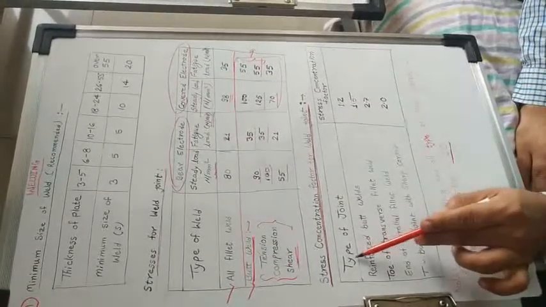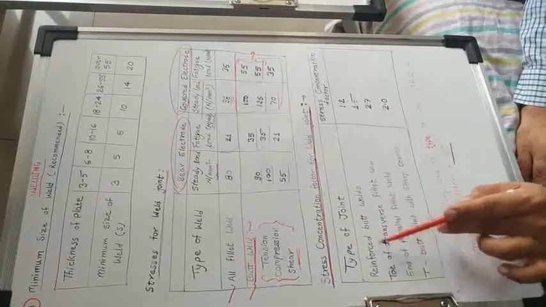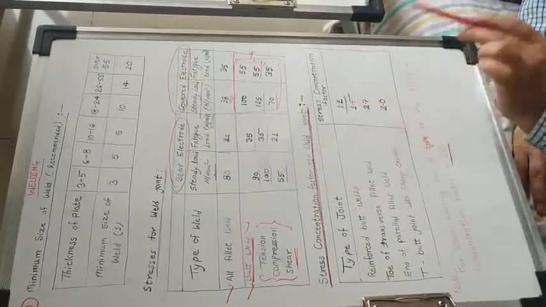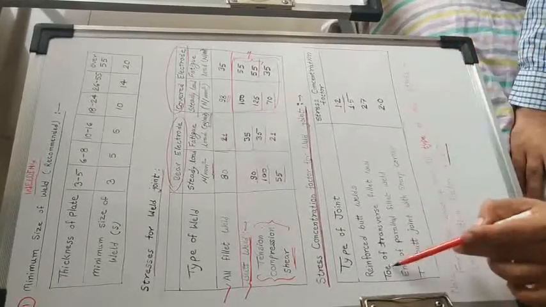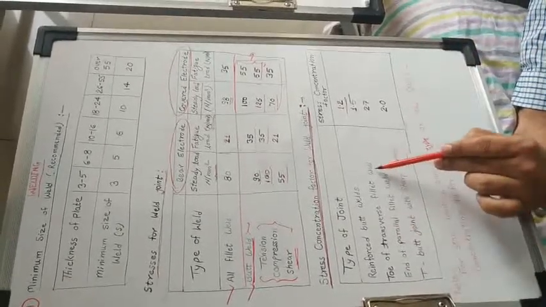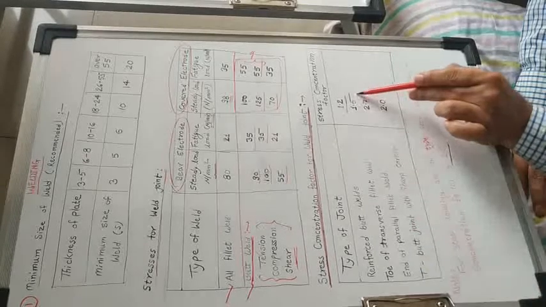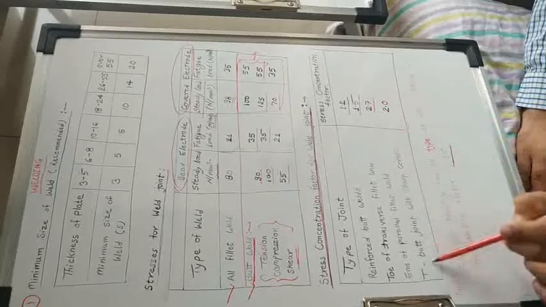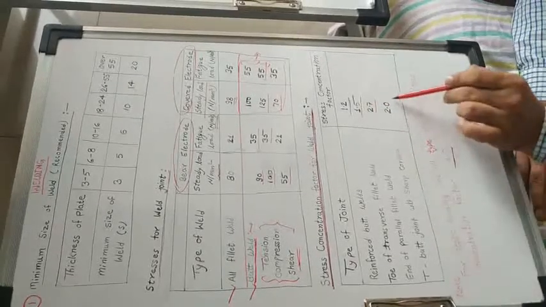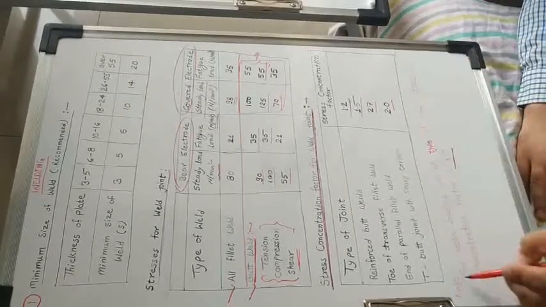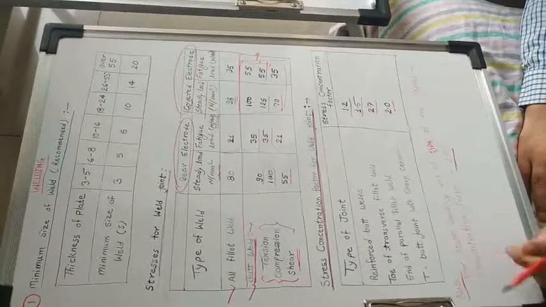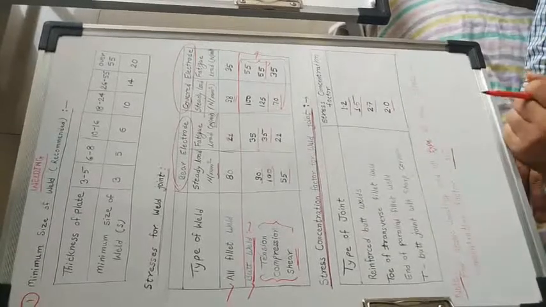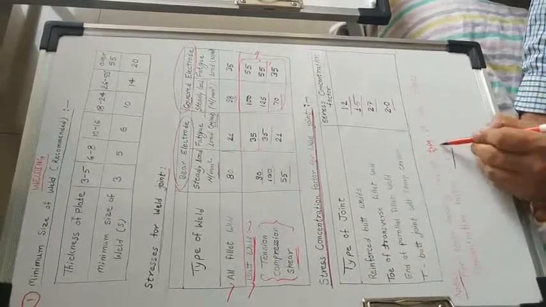If you see the type of joint, for reinforced butt welds we consider a 1.2 stress concentration factor. Toe of transverse fillet weld, it is 1.5. End of parallel fillet weld, that is 2.7, and T joint at a sharp corner it is 2. We have given a note here: for static loading, for all types of welding, the stress concentration should be 1.